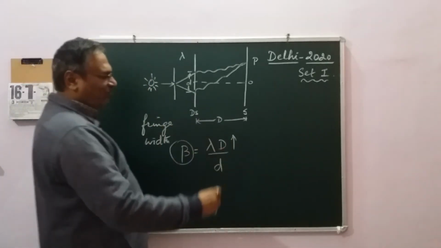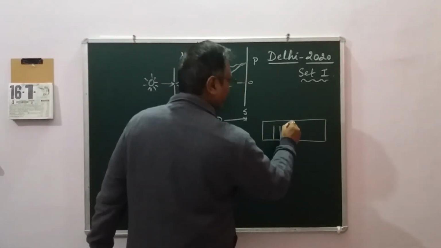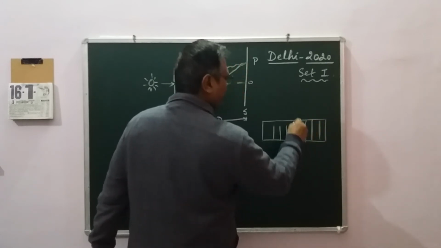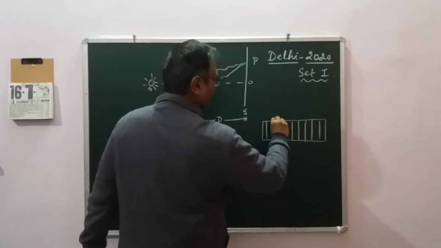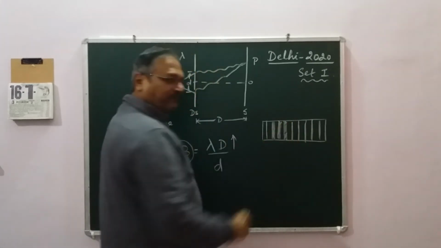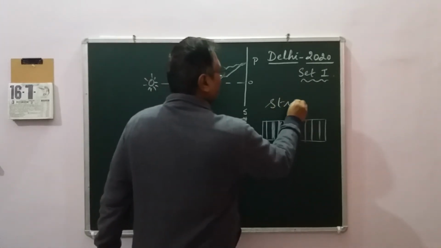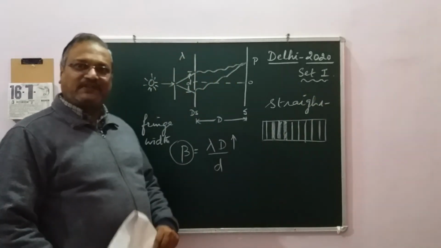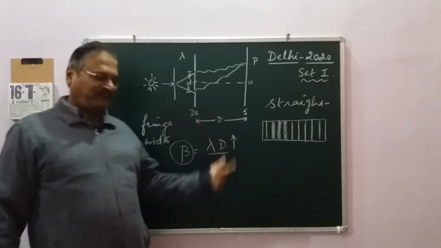The simple straight option is, you will find the fringe widths to be all bright lines with dark lines. These are bright, dark, bright, dark, equal width. So naturally it is a straight line. It will not be any other shape. In this particular problem, that is what the answer is going to be.